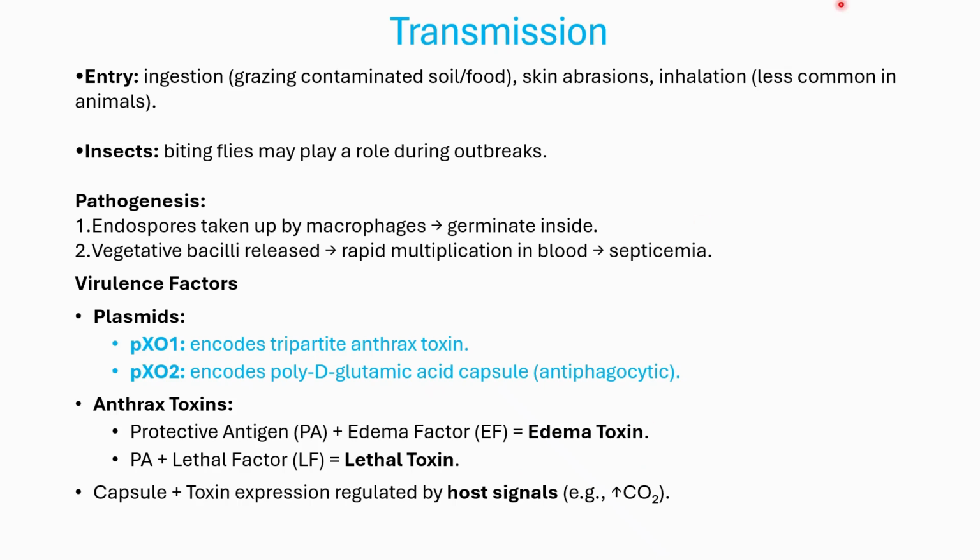Both capsule production and toxin expression are tightly regulated by host signals, such as increased carbon dioxide levels, ensuring maximum virulence inside the host. Together, these mechanisms explain the rapid progression and high fatality rate seen in anthrax infections.